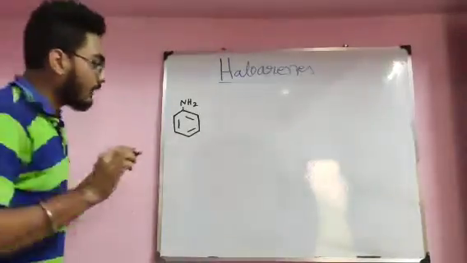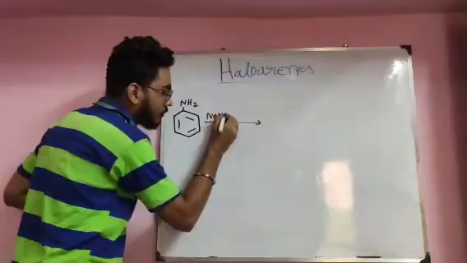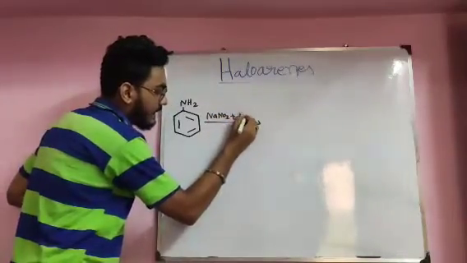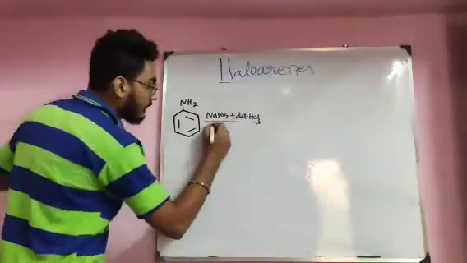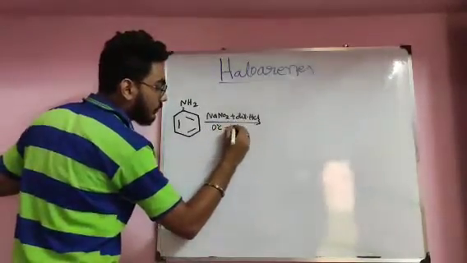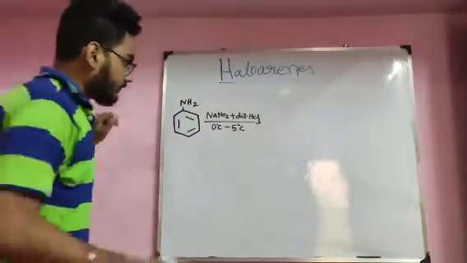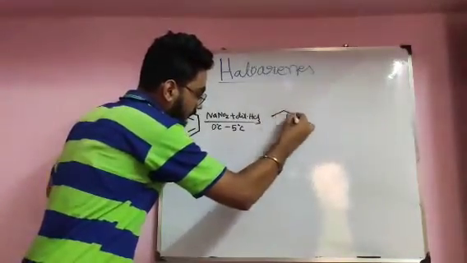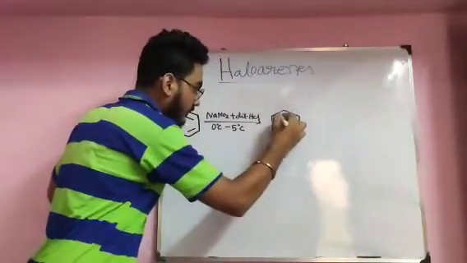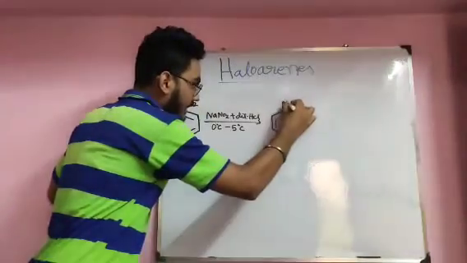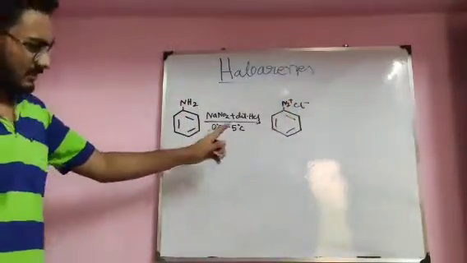Now we take a reagent as NaNO2 plus dilute HCl at the temperature 0 degree C to 5 degree C. So the product will be easily formed as benzene diazonium chloride.